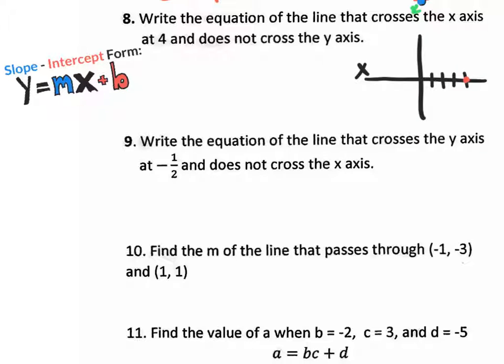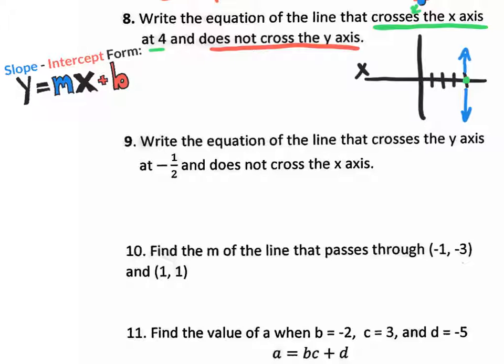And that's not even my b value. That's just some information that it crosses the x-axis at 4. And now it says that it does not cross the y-axis. So if it doesn't cross, here's the y. If this line that crosses the x does not cross the y, it must be a perfectly vertical line.